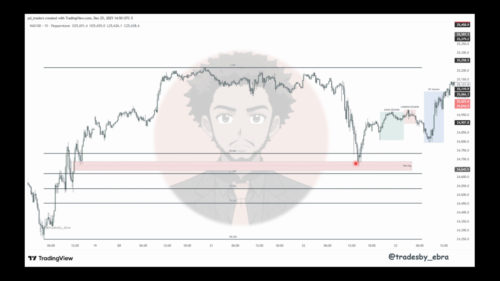Price trades there, then went back to premium after getting back to discount below the 50% level. So if you were short in here or anywhere in here, this is a good objective, and it is an opposite array. That's also an objective.